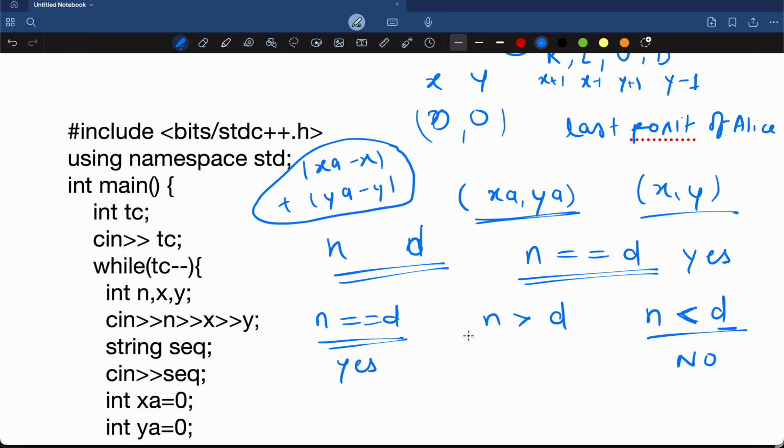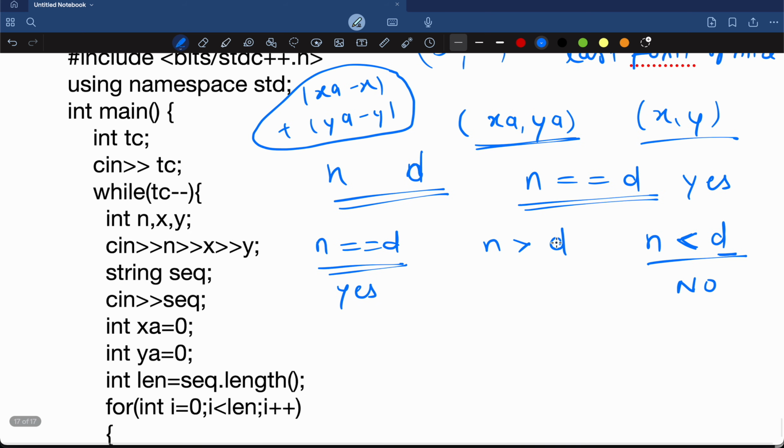And when n is greater than d, we have to check further. We find the remaining moves by seeing how much n is greater than d. After consuming d operations out of n, since d is smaller, something will remain.